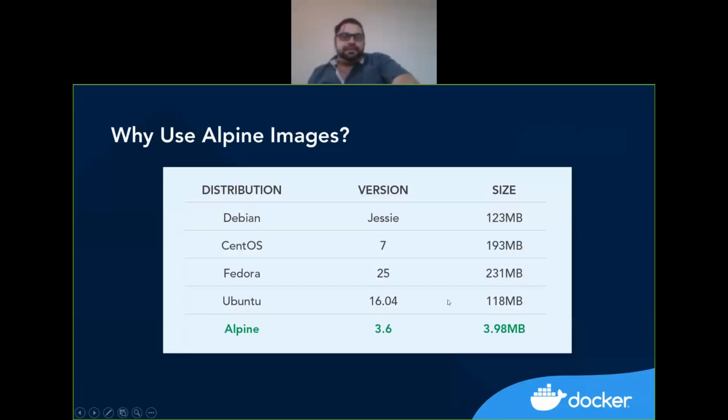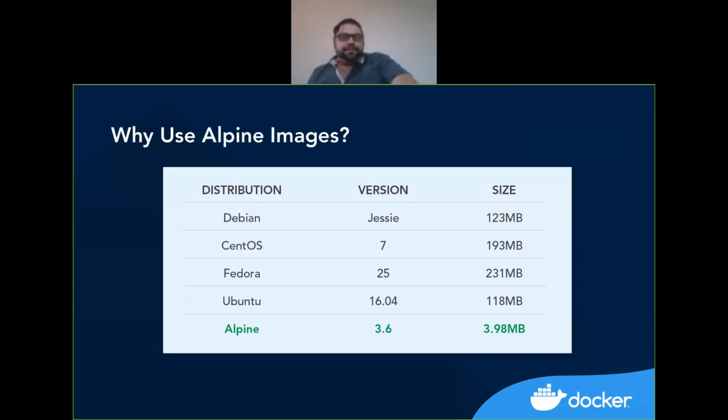I wanted to mention that these are some of the Linux distributions that we have on Docker Hub. In this demo, I'm going to use Alpine images. Why am I going to use Alpine images? Because you can see the size.